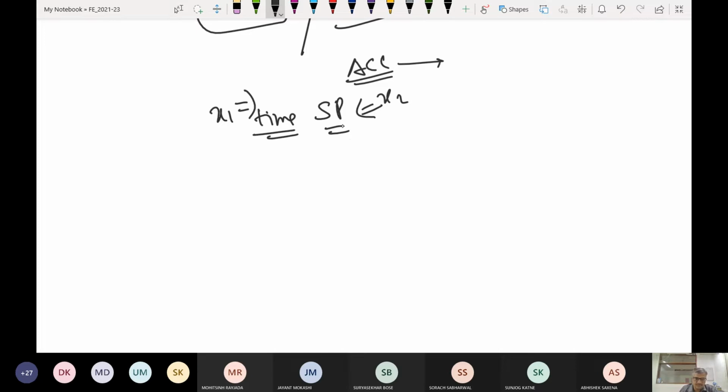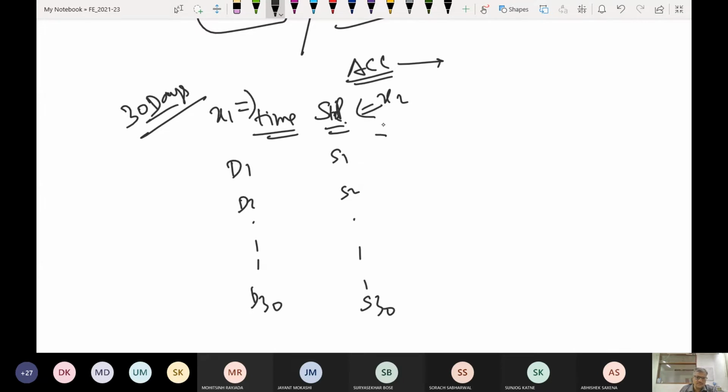Stock price, STK, stock price. And let's say I'm interested in 30 days, daily. So I've got day one, day two, that way I've got 30 days, I've got price S1, S2, and I've got S30. So what you are finding here is a two variable setup.